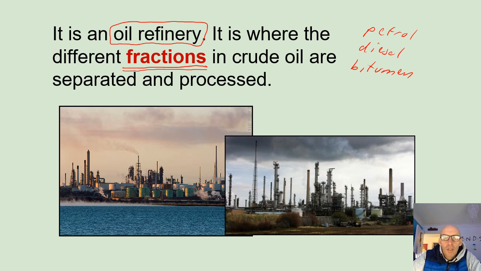So these and other fractions can be separated out so we get the useful compounds. Now there's one of these over near Southampton, you can see it from Gosport, Fawley Oil Refinery. The crude oil comes in from all over the world, mostly from Saudi Arabia, etc. The crude oil comes into Fawley, and what will come out of there is loads of tankers carrying petrol all around the south coast, diesel all around the south coast, and bitumen to all the different manufacturers that need it.